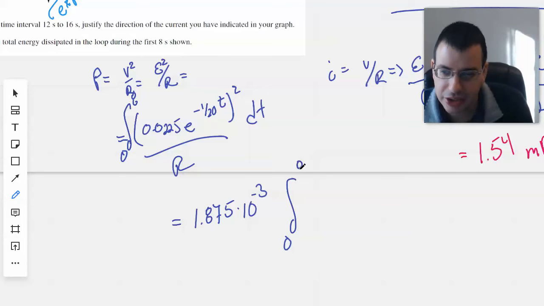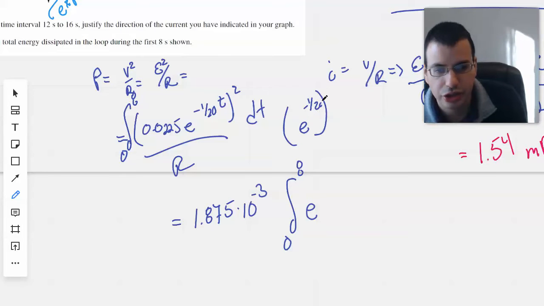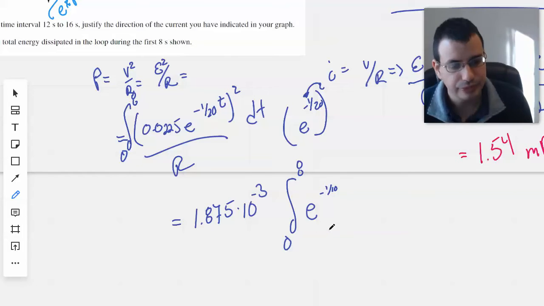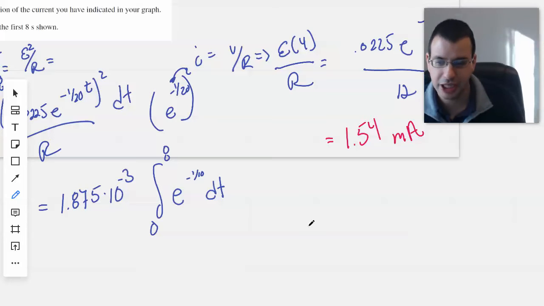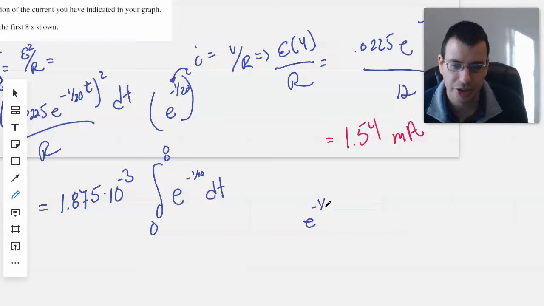Alright, so I got 0 to 8 of e. Now, this e to the negative 1/20th squared, this 2 can then just multiply by the 1, and so you have negative 1/10, dt. I'm pretty sure this is just negative 10 times e, but I am terrible with these sort of things, so I am going to actually work this out.